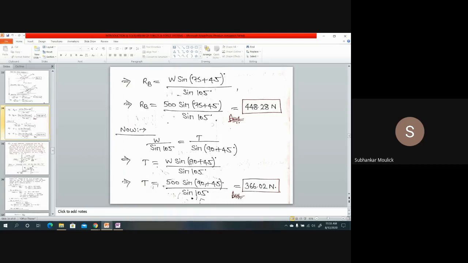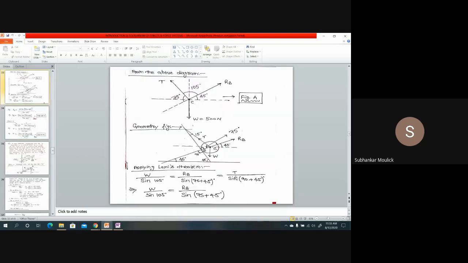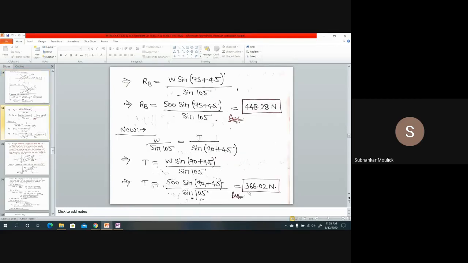I also need to find out the value of tension T. Now since you have the value of RB, either you take the combination of the second and the third expression, or you can take the combination of the first and the third expression. I am taking the combination of the first and the third expression, that means W upon sine 105 degrees equal to T divided by sine of 90 plus 45 degrees.